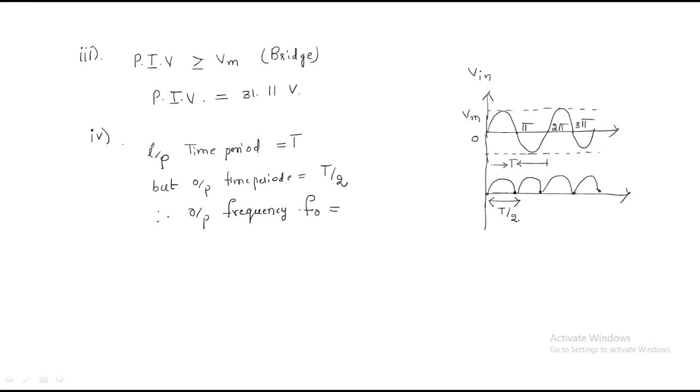Always frequency equals 1 by time period, so 1 by the output time period, which is T by 2. Whenever the time period is halved, the frequency becomes double. So if the input frequency is f, then the output frequency becomes 2f, twice the input frequency.